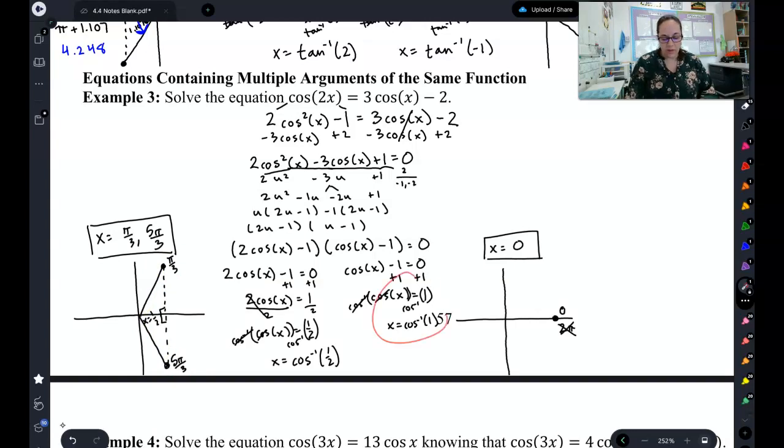Then when I solve the other one, I got arc cosine of 1. So where on the unit circle is the cosine value 1? Well, that only happens over here at 0. Also happens to be 2 pi, but we don't count 2 pi. That's not in our domain restriction, so we just have 0. So those are my answers for example 3.